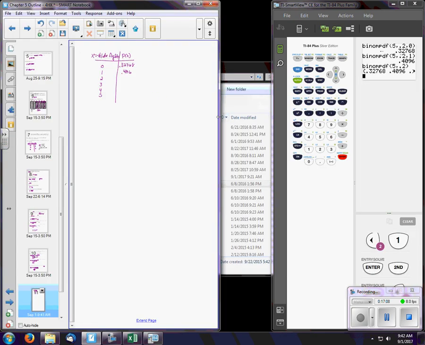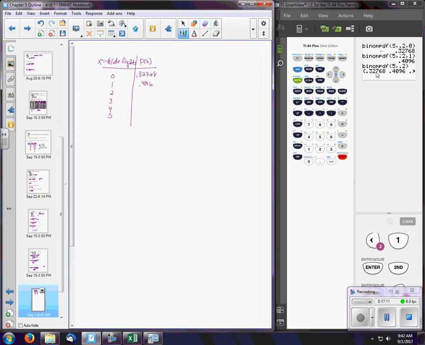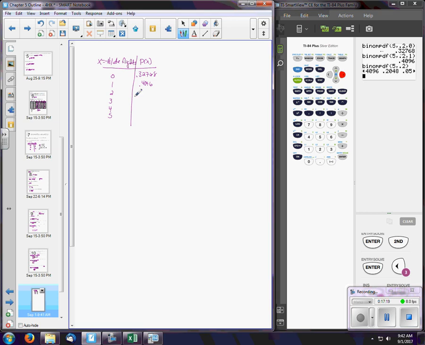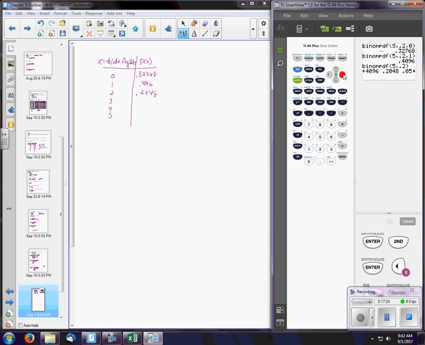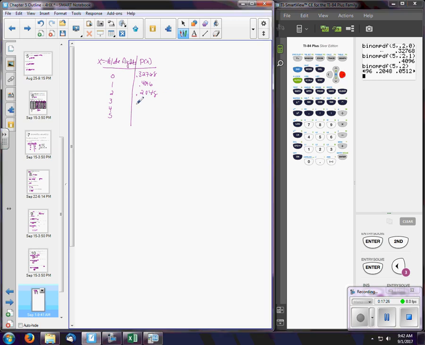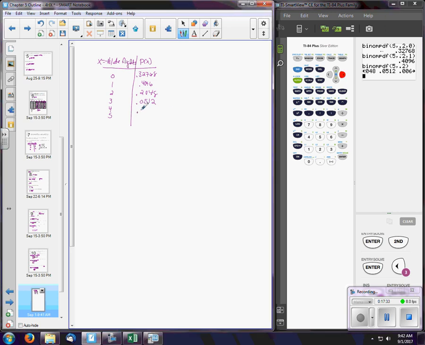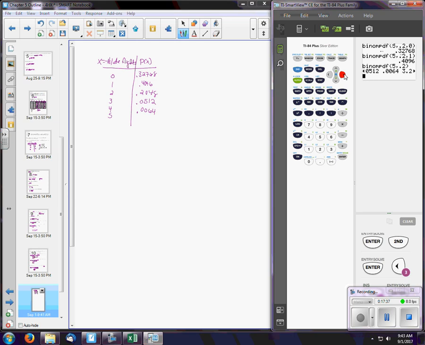So if we were to take this list, we have 0.32768, 0.4096, 0.2048, and we have 0.0512, 0.0064, and last but not least, you'll see this final one actually goes into scientific notation because it's so small.